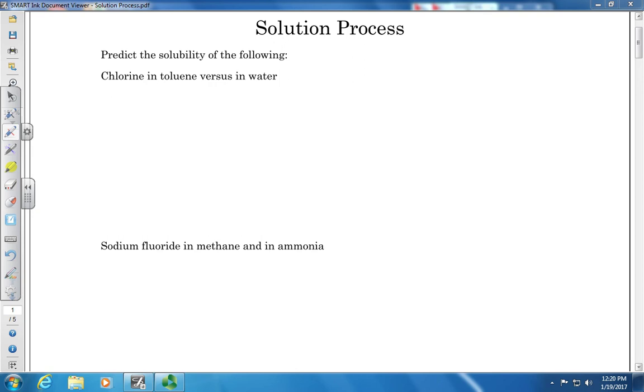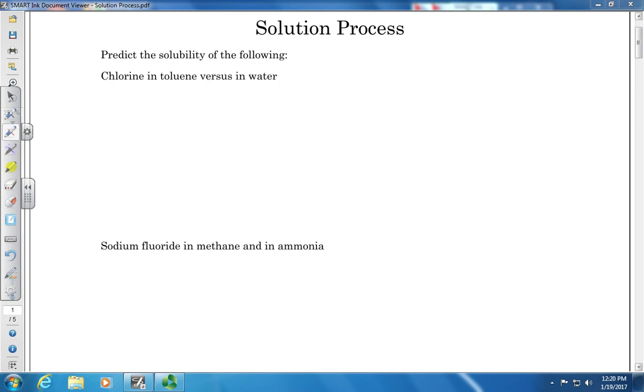Today we are looking at solubility. Specifically, how to identify whether two different substances are in fact soluble with one another, whether a solute can dissolve in a solvent.